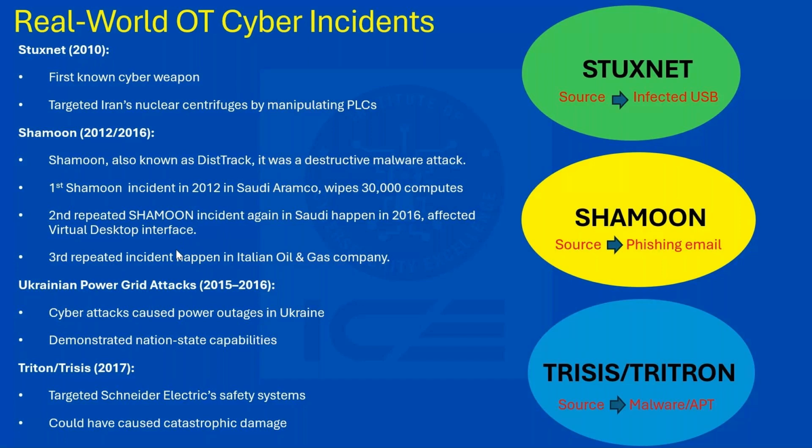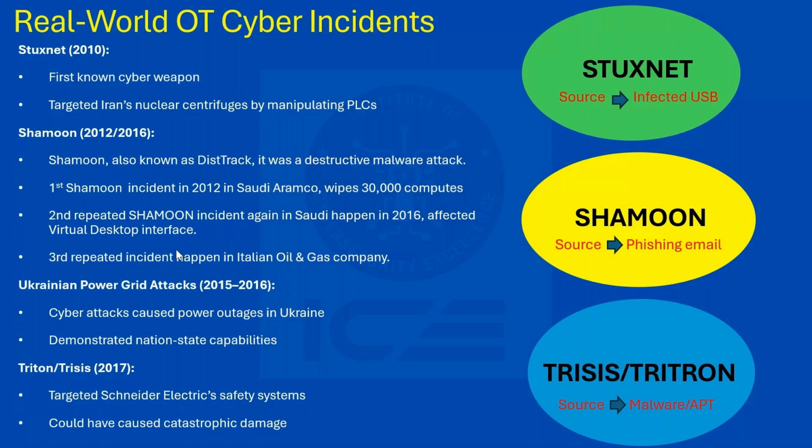PLC is what we talked about, the BPCS or DCS. It is the similar entity which is used to control the facilities, and it was compromised. The source of compromise was, of course, external devices.